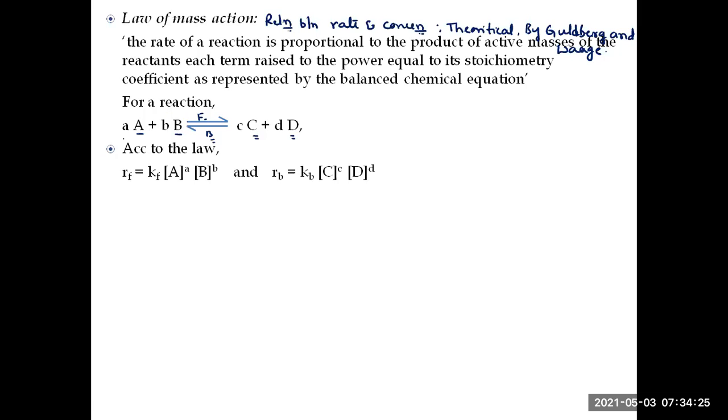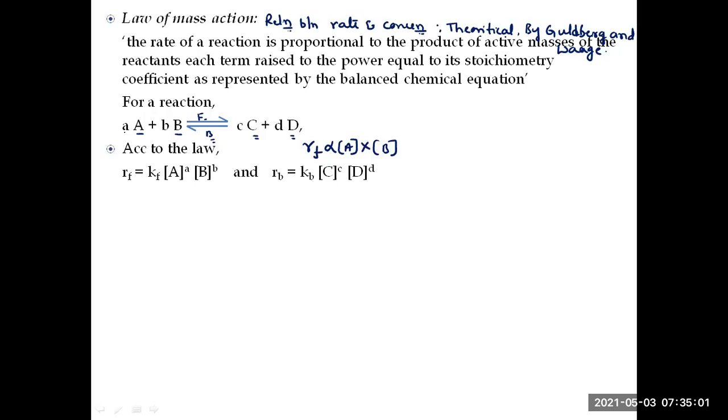Correct? Now, according to the law, what should we say now? I would write one step extra here. According to the law, the rate of forward reaction is proportional to the product of molar concentrations of the reactants, that is, A in square brackets means molar concentration, and B in square brackets, raised to the power equal to their stoichiometric coefficients.